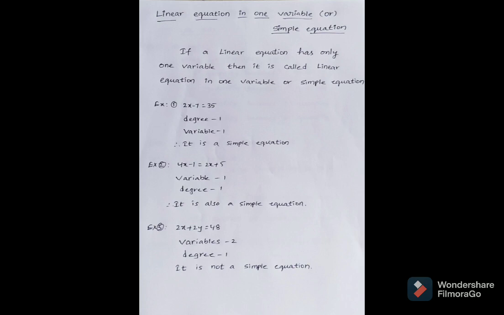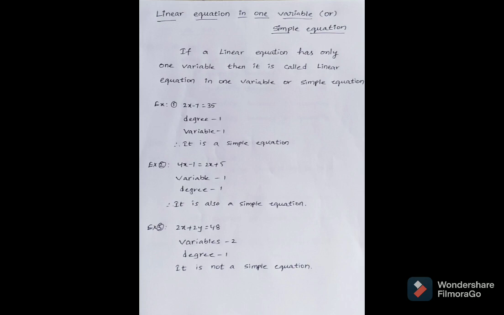So it is also a simple equation or linear equation in one variable. Understand? Number of variables 1, degree also 1. Then the equation is called linear equation in one variable.